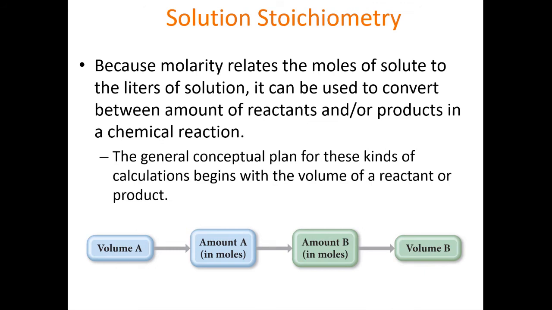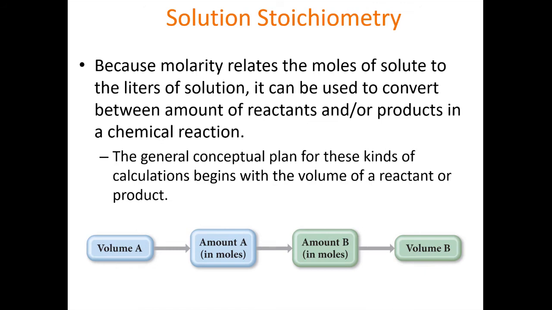So I have one reactant A and I have a volume of it, and because I know its molarity, I can convert that volume into moles. And now I can go to the balanced equation and, using the stoichiometric coefficients and ratios, calculate how many moles of B would be equivalent to that number of moles of A.